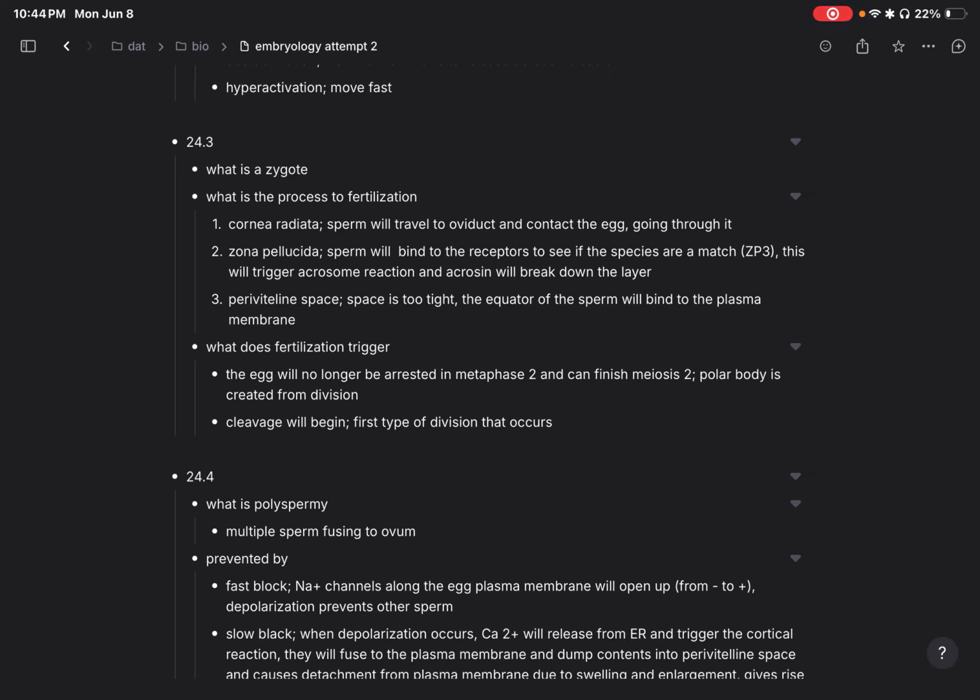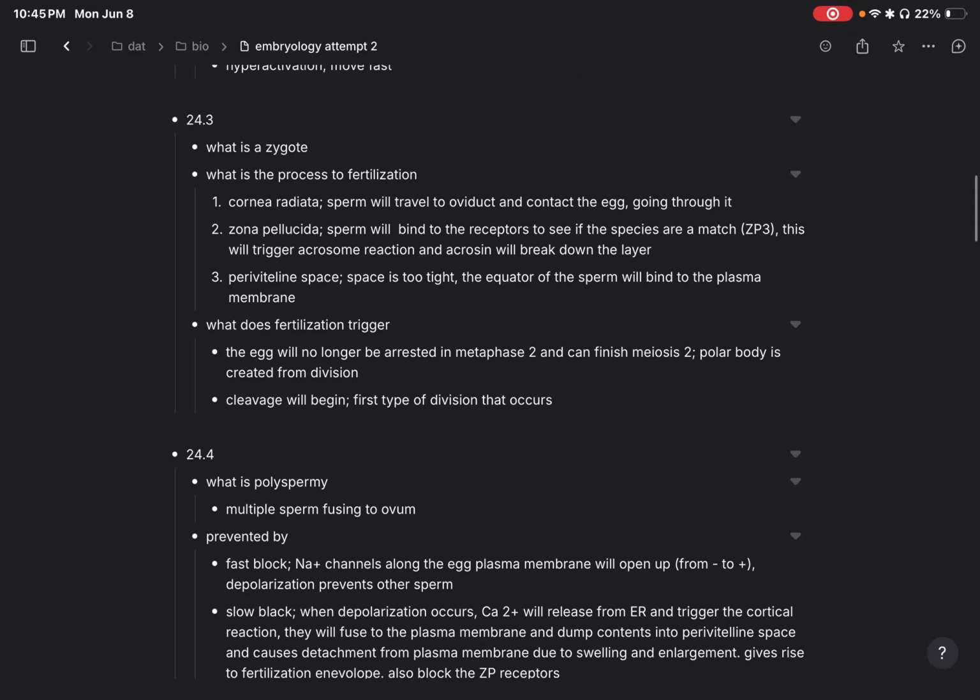This space is very tight, so it'll be the side of the sperm that will bind to the plasma membrane and then release its contents into the egg cell, and then fuse with the nucleus, and then boom, touchdown.